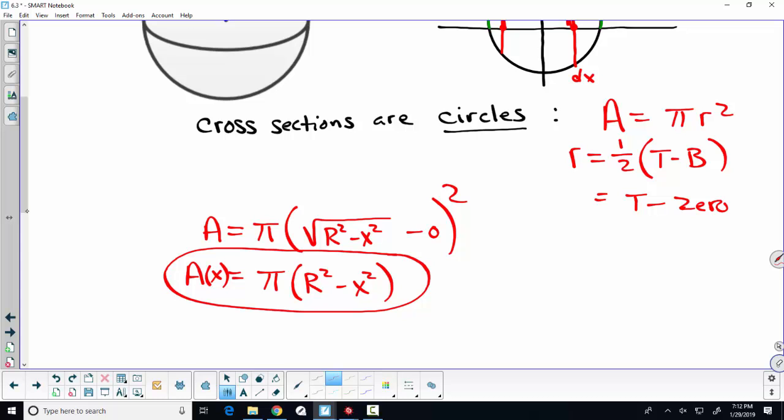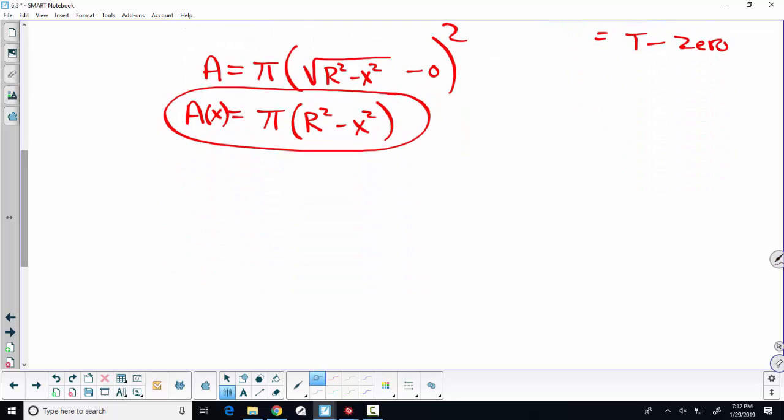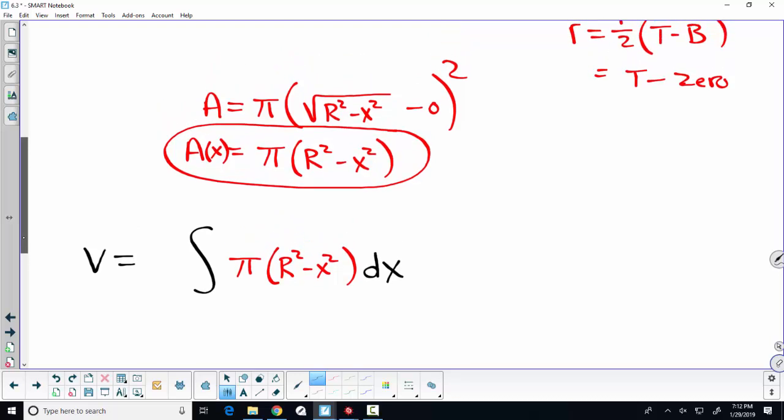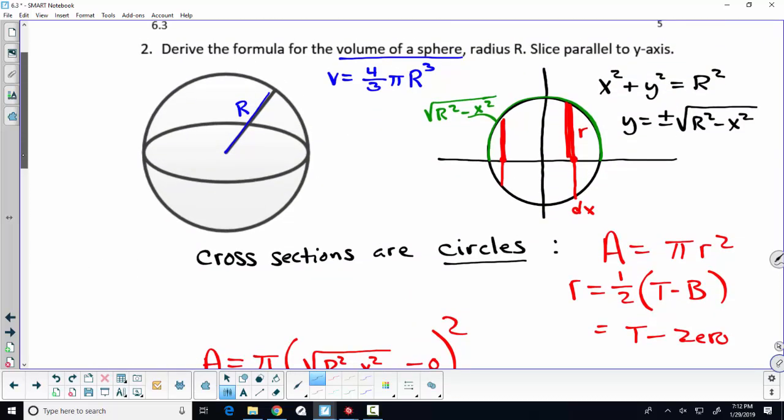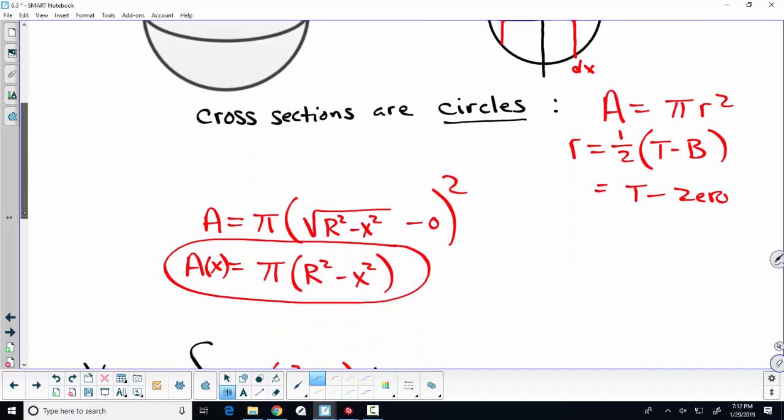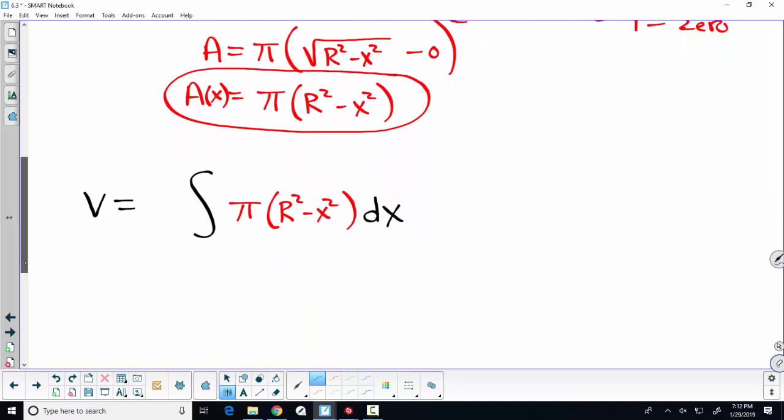Okay. So then our volume is the sum of the area times the thickness. And then where does x range from to r, right? Negative r to r. Capital or lowercase?